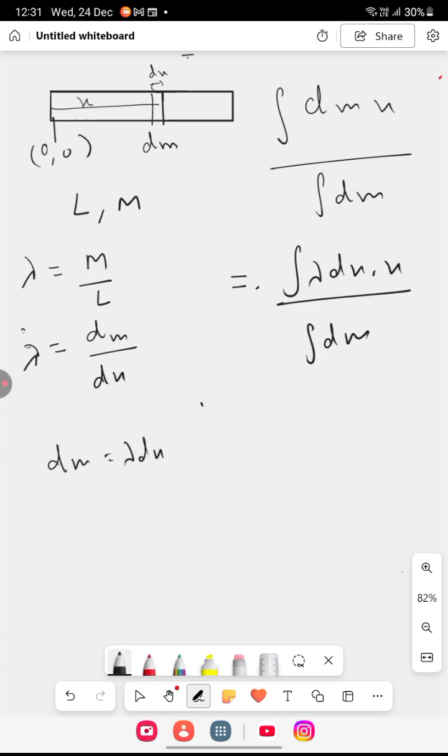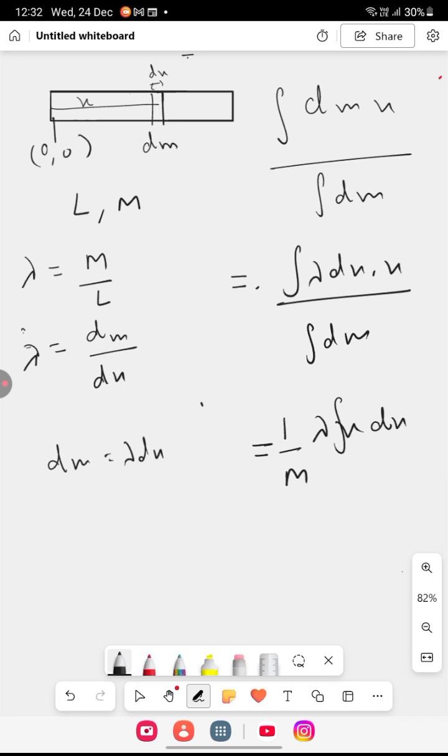Integral of dm denotes the whole mass of the rod, and it is given that the whole mass of the rod is capital M, so we can replace integral of dm by M. Lambda is constant, so we can take it out.